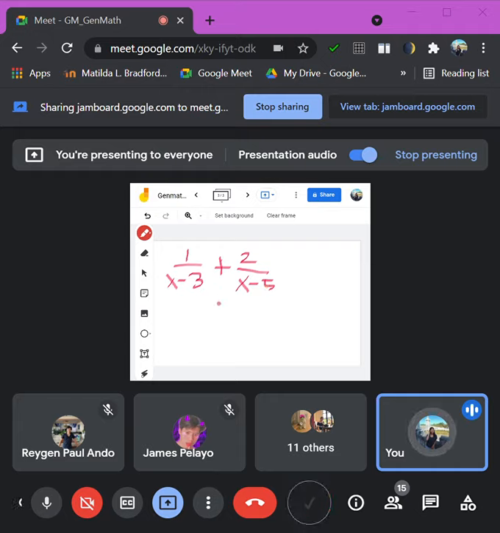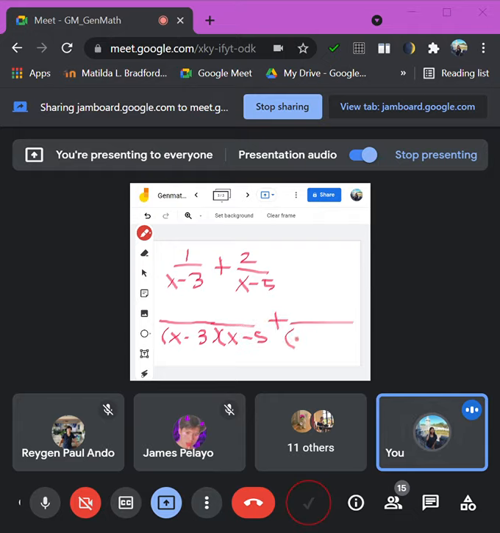Change them using your LCD, x minus 3 times x minus 5, for both fractions. And then you can make it shorter.